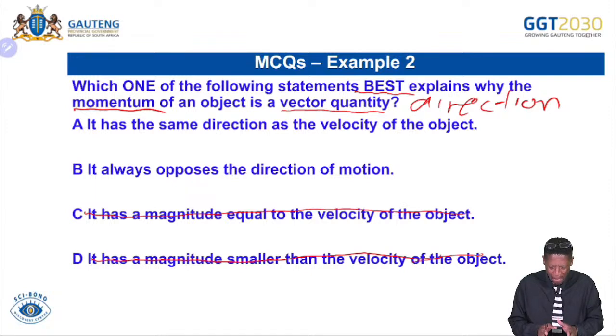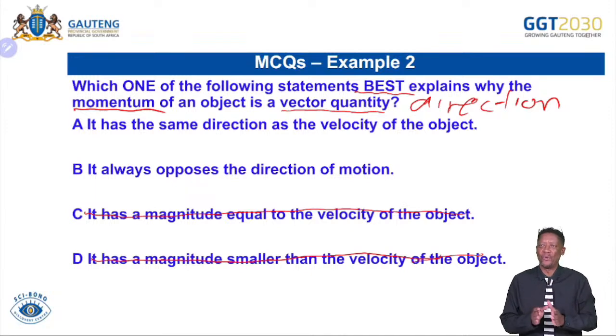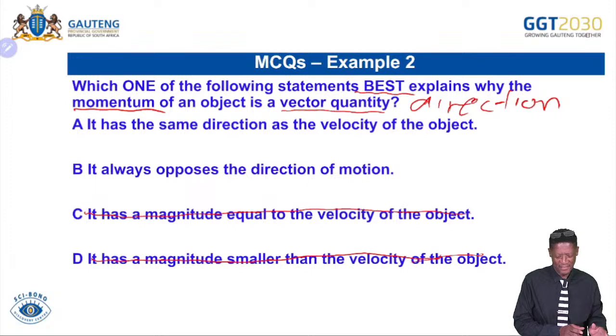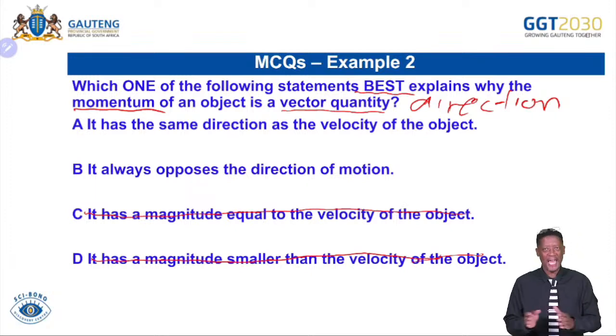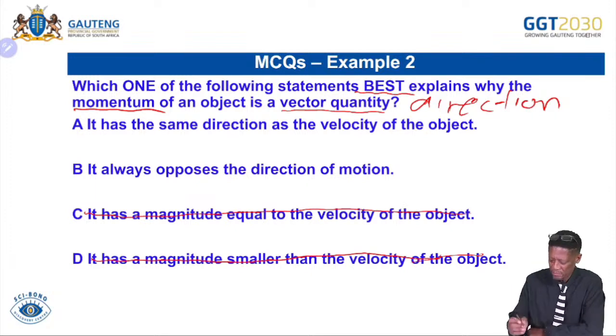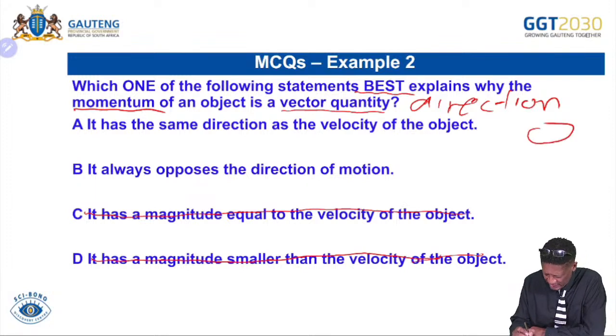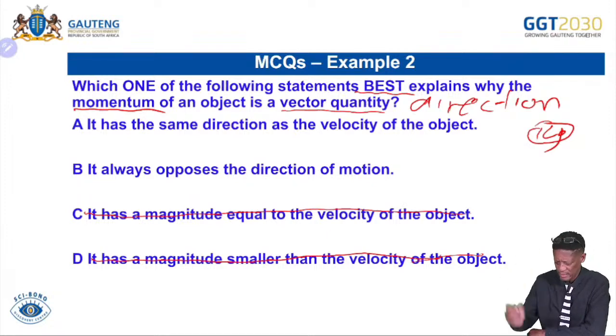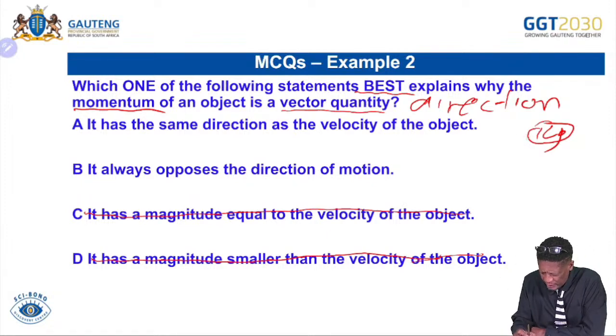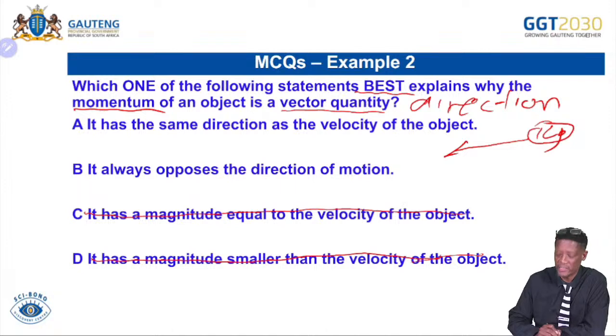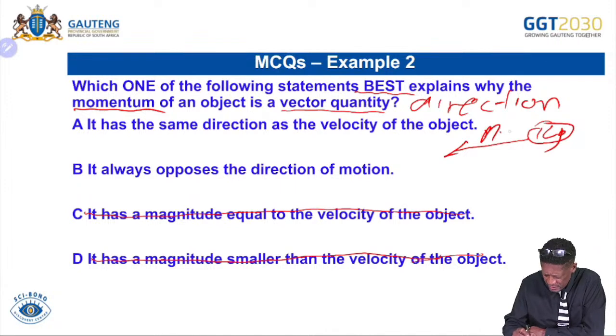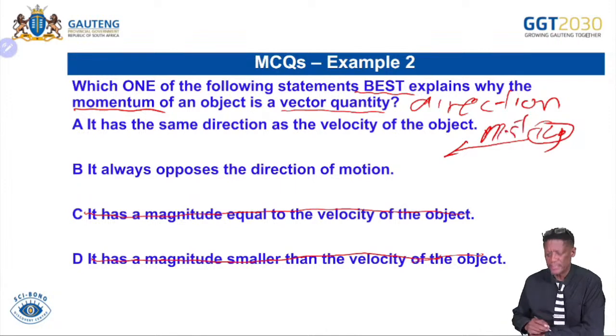The momentum cannot act in an opposite direction to the velocity. We know that one. Now, let us make an example. This is an object with a mass in kg. Then we push it, or the object is moving in this direction with so many meters per second.